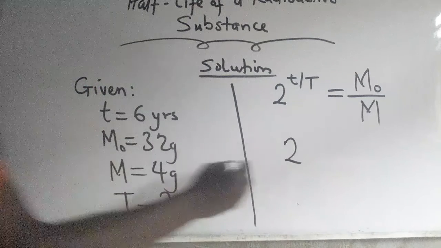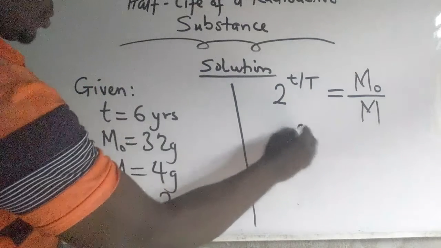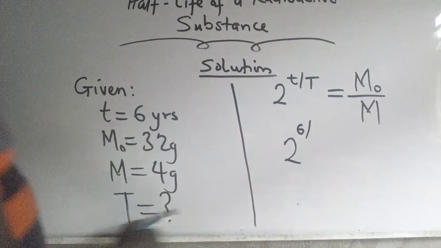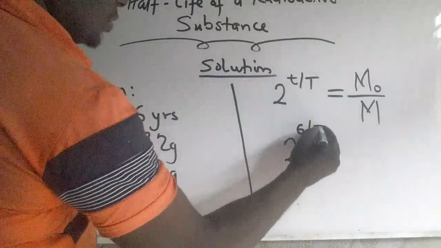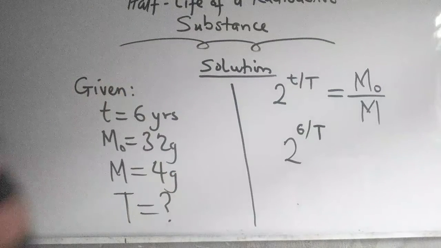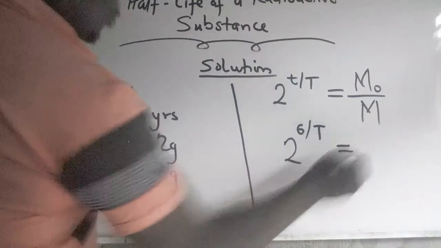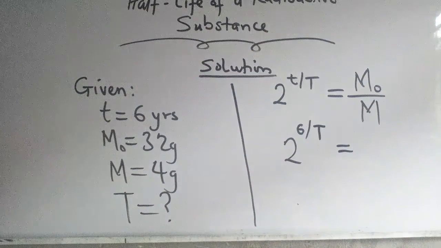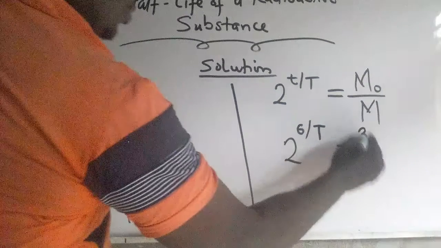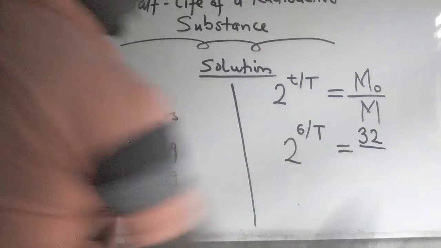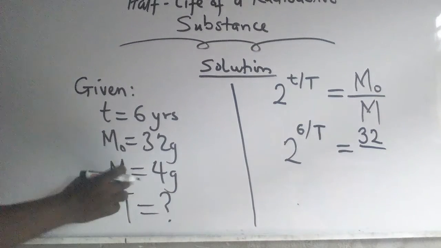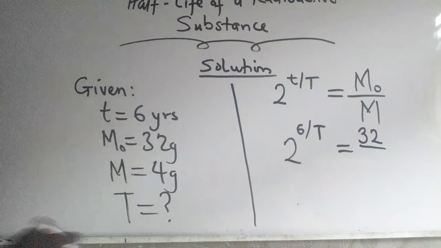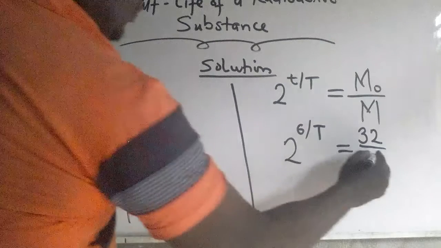And so we write 6 divided by, the capital letter T is unknown to us, and so we just retain the symbol T. Is equal to the mass M naught is 32 over the mass that remains after 6 years, which is 4.